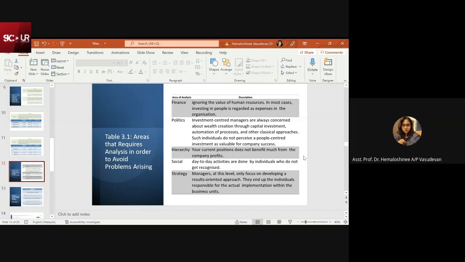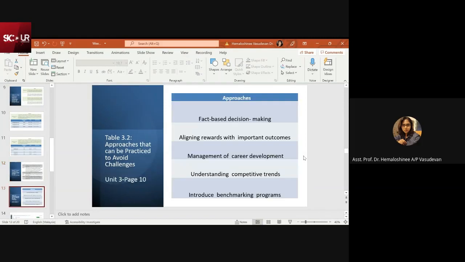Because the management really depends on the finance department, they must really look deeply at the expenses of the employee. So what are the things they have to do? They must be very deep into it, not paying whatever the employee is asking.